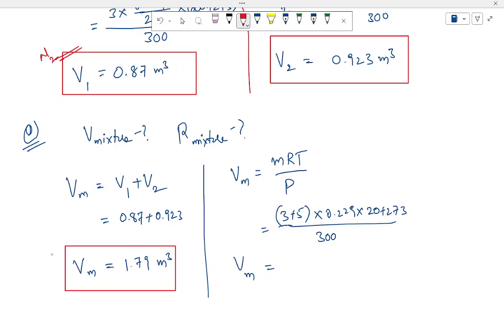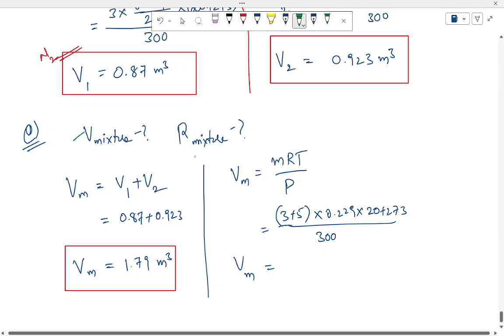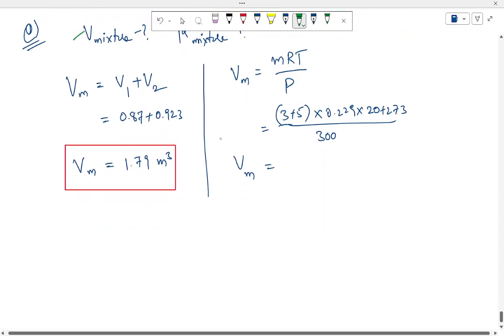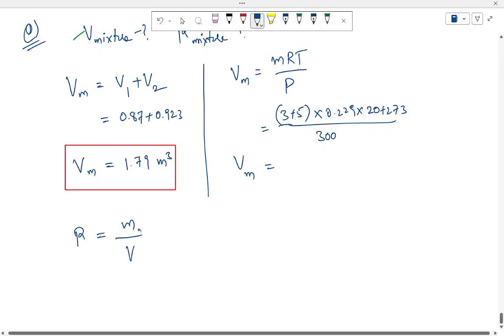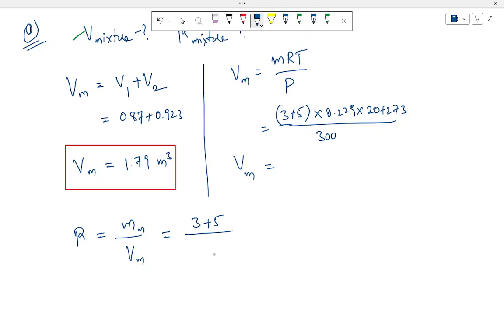So that is the VM that you are going to get in both the cases. So we are done with the VM calculation, and he's asking you to calculate the rho also. So rho also you can calculate from the basic formula of rho. The density formula is nothing but mass by volume. Mass of the mixture you can take, and volume of the mixture you can take. The mass of the mixture is 3 plus 5, that is 8 kg, and the volume of the mixture we have just found out as 1.79.